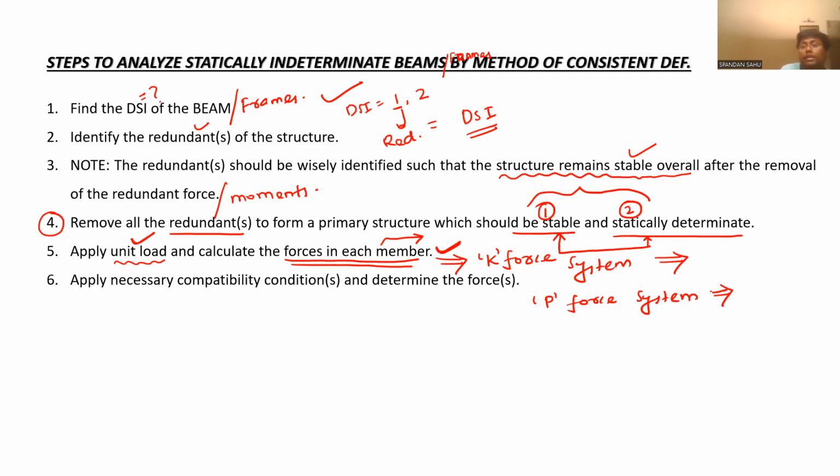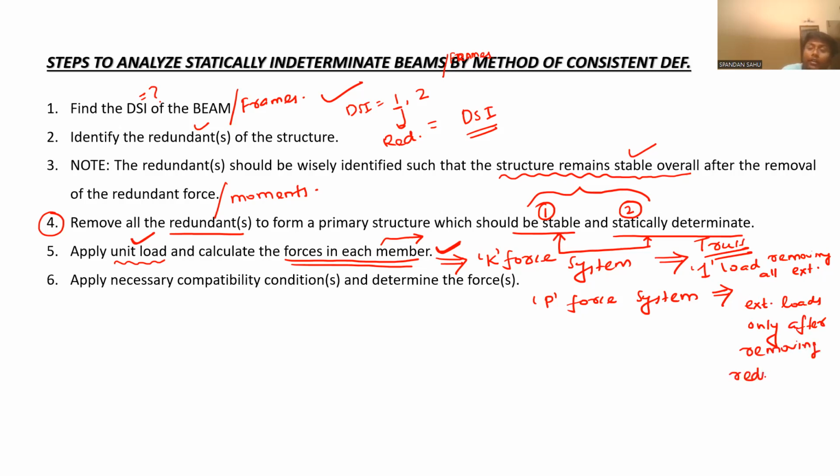In beams and frames, there won't be any K force system and P force system as such. We will see in subsequent slides what those forces or moments are if we take them, and how the equation will change or modify. The K force system in trusses was due to this unit load, removing all external loads, and the P force system was due to external loads only after removing what?